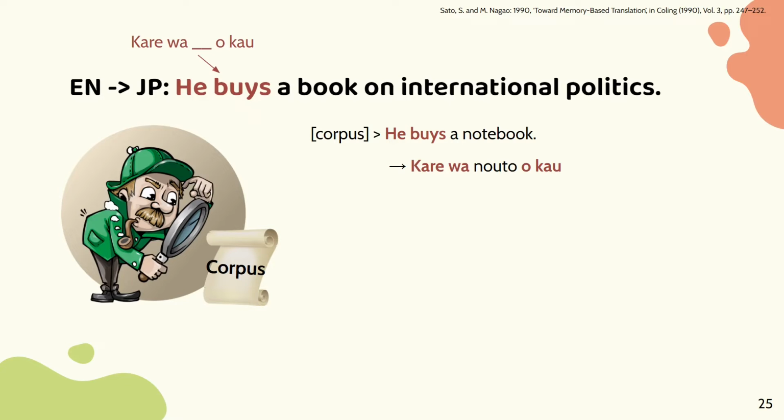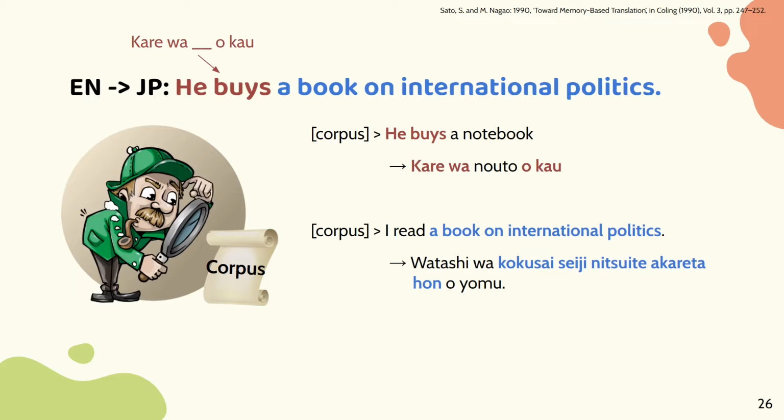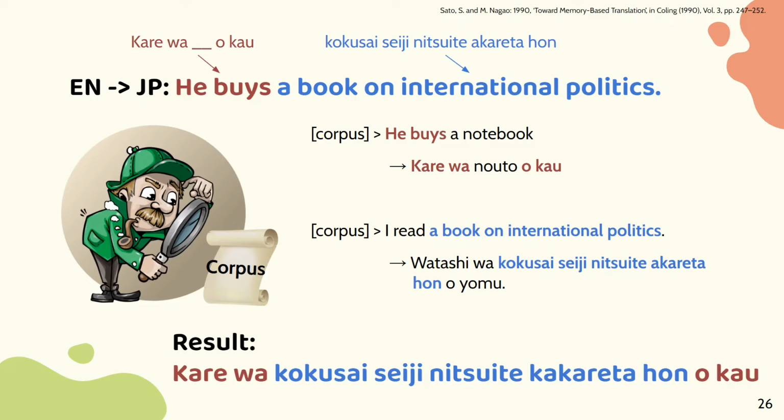So the system looks at the corpus again and finds this sentence, "I read a book on international politics," and now the system knows that "a book on international politics" is equivalent to "Kokusai seiji ni suite kakareta hon." Then the system combines these two parts together and we get this sentence as a result. "Kare wa kokusai seiji ni suite kakareta hon o kau."